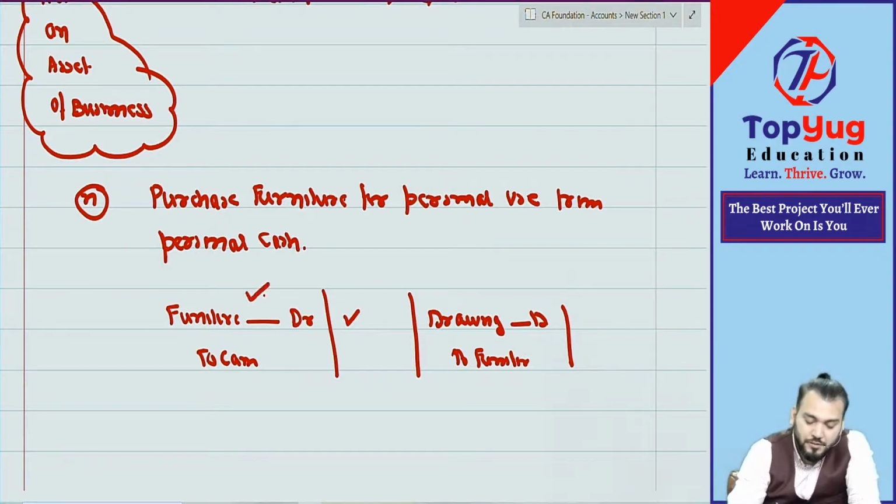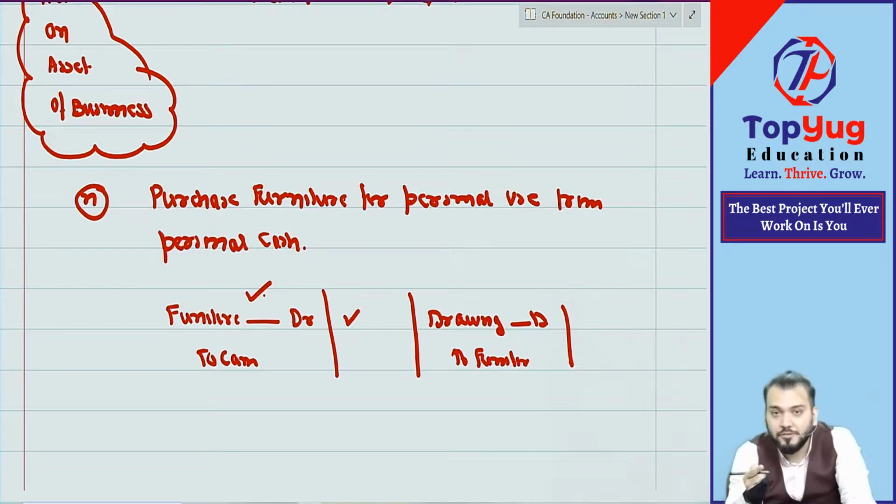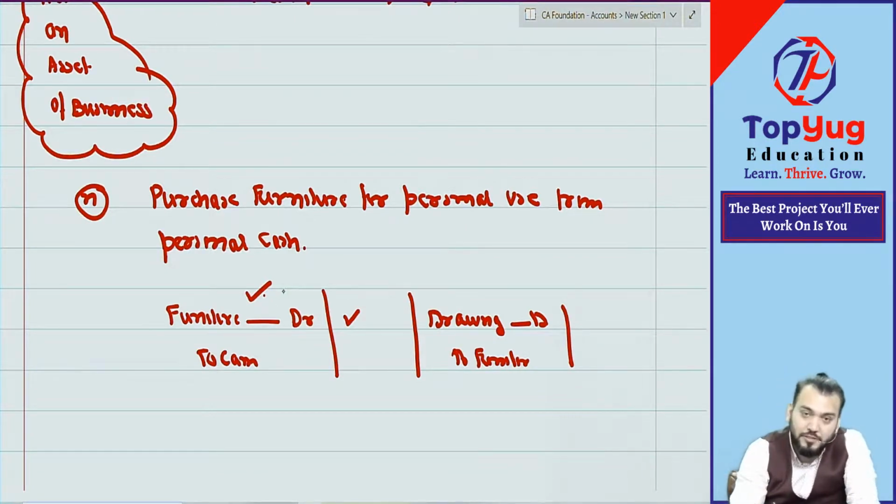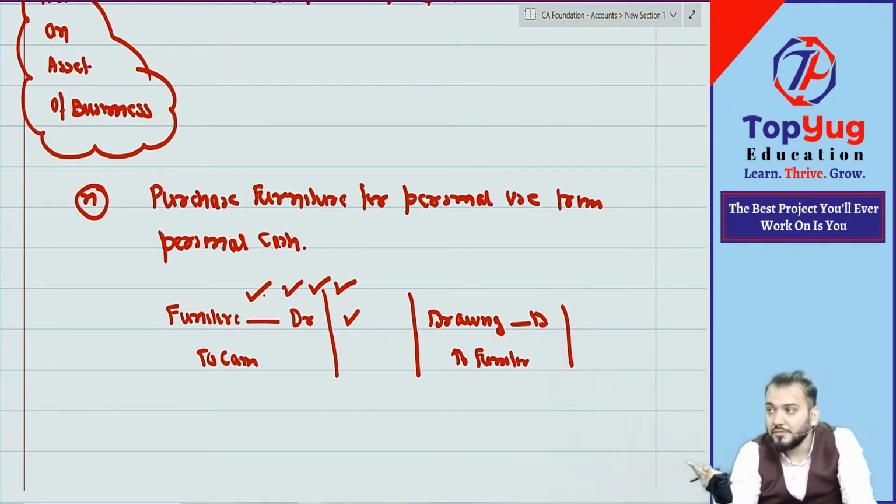We vote to this. This, first one. Four votes to this. No, no, no, no. This is wrong.